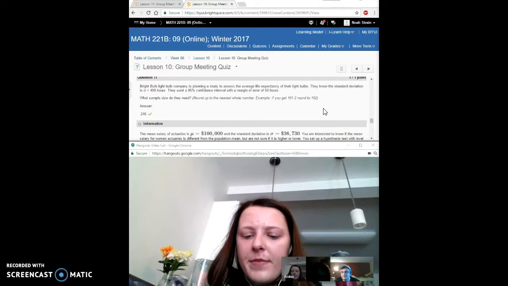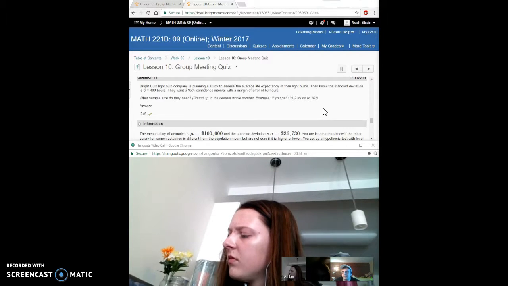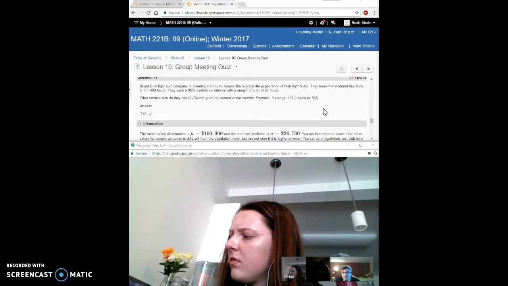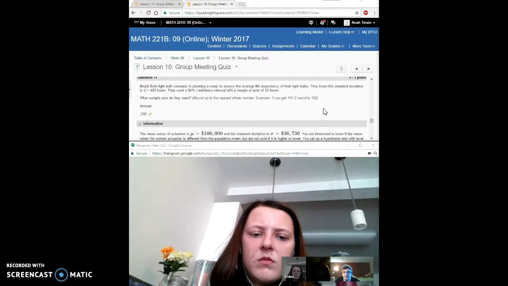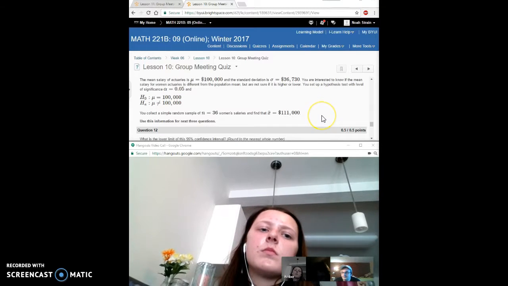So 50 equals 1.960 times 400 divided by the square root of n. When we solve that algebraically, we get 246, because we round up to the nearest whole number. It's 245 point something, but you always round up for the sample size. So it would be 246.